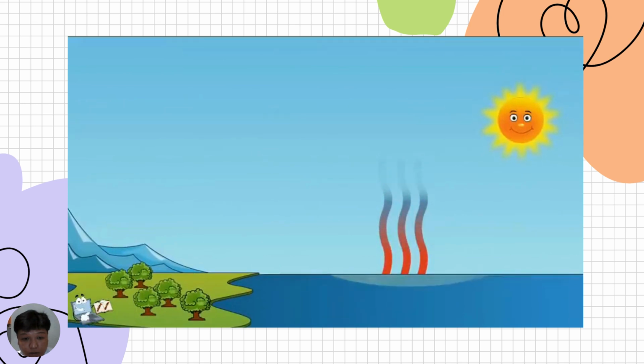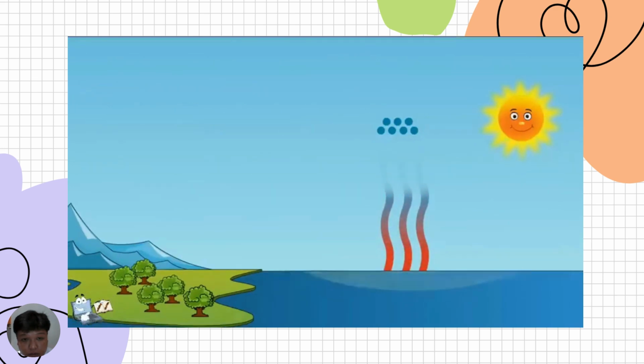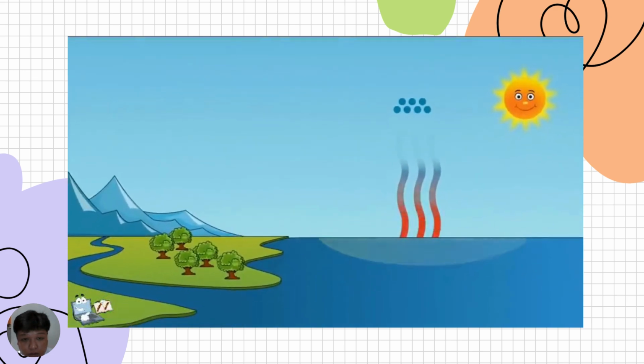So, in the sky, the water vapor cools and changes back into tiny water droplets. This change of water vapor into water droplets is called condensation, and it's the opposite of evaporation. Clouds are made up of tiny water droplets, so when condensation occurs in the sky, clouds form and grow.